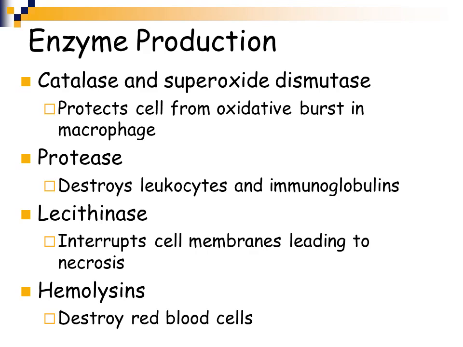So enzyme production, I mentioned already beta-lactamase. There are many different enzymes that bacteria can produce. There are catalase and superoxide dismutase enzymes, and those enzymes will protect the bacterial cell from being damaged or killed by a macrophage oxidative burst.